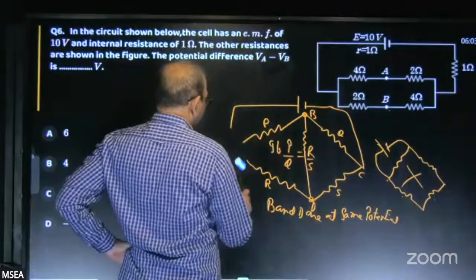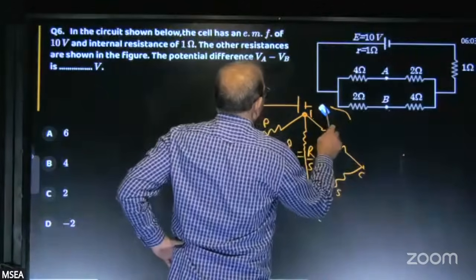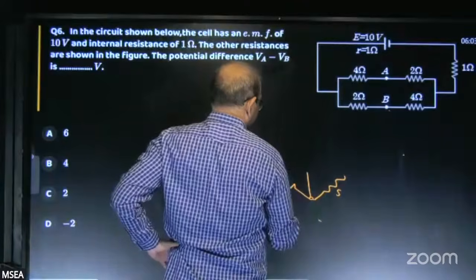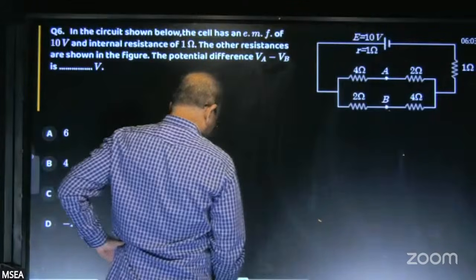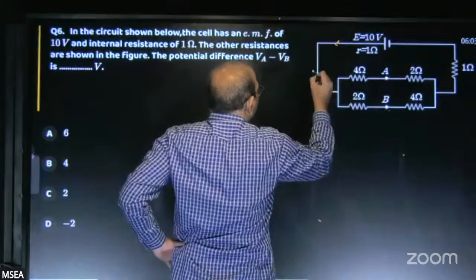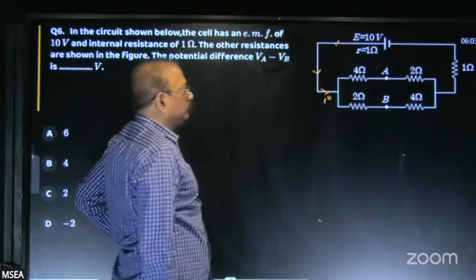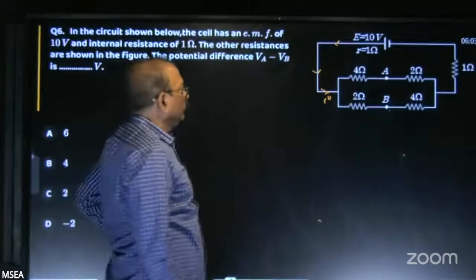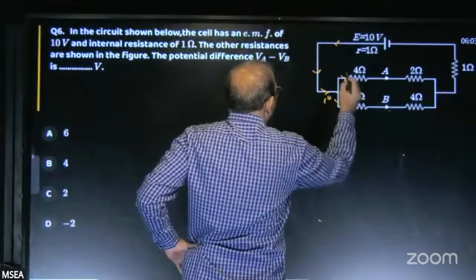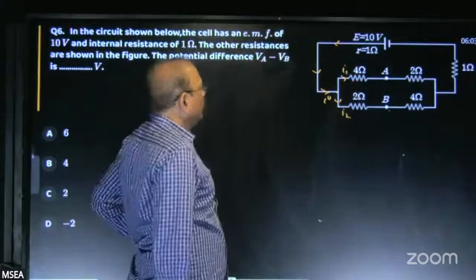So how to solve this? Very important problem. Practice this. Take the current from the battery as I. At this joint, it will split into two now: I1, I2.